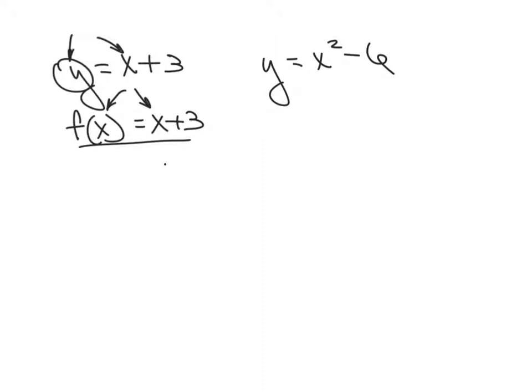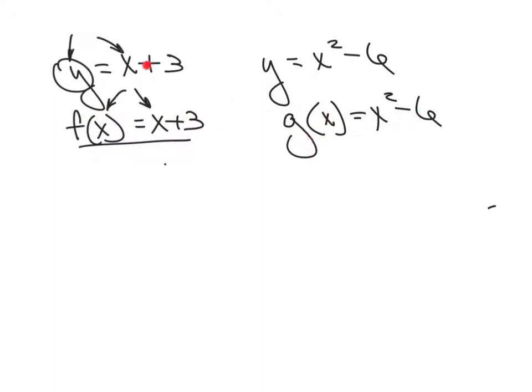Besides that, it also gives us a chance to name this. So I could call this g of x equals x squared minus 6. It doesn't matter if this is an f or a g. You're doing the exact same thing. The only thing the f and g does is show the distinction that you're talking about this equation and not this one.